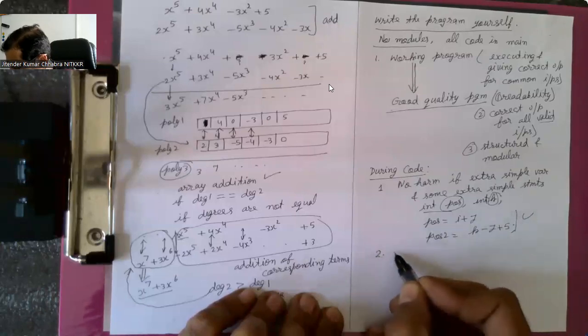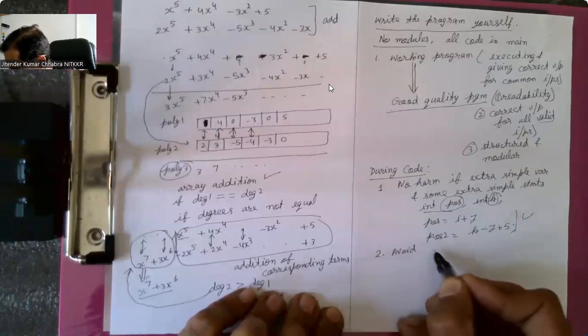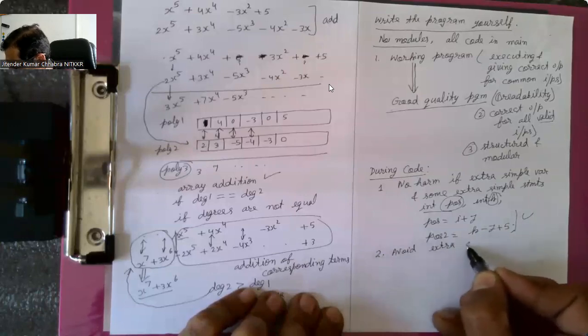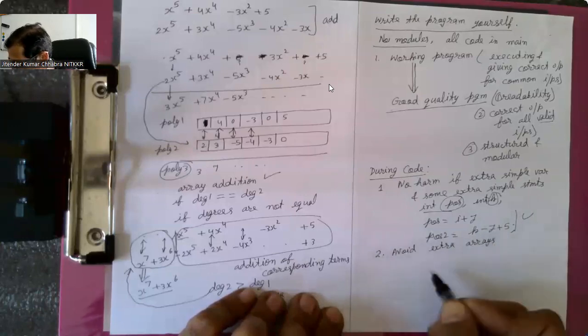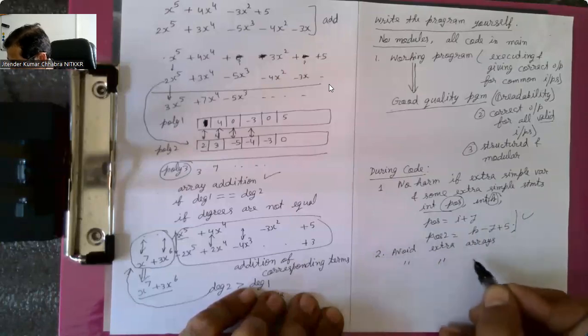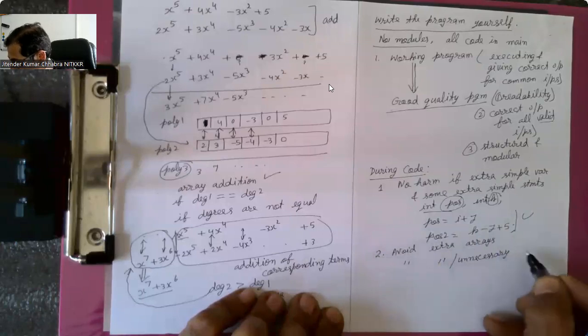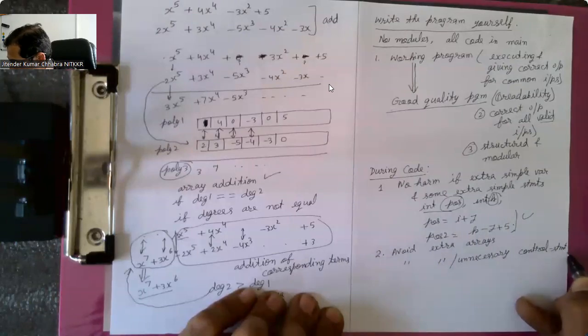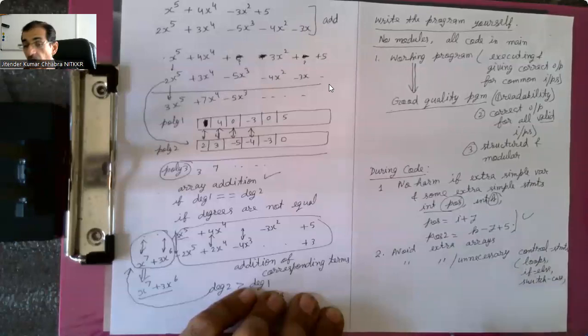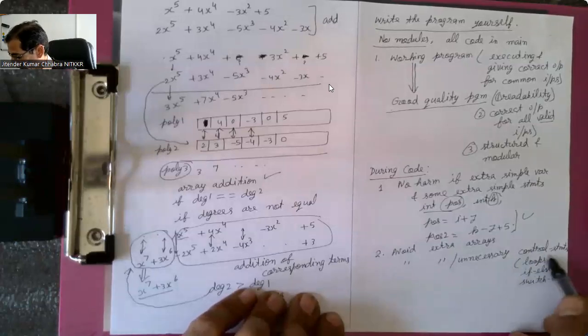But avoid extra arrays always. Unnecessary arrays should not be taken. Avoid extra, or I will say unnecessary, control statements. When I say unnecessary control statements, I mean no extra loops, no extra if, else, or switch case, etc. These should not be unnecessarily taken.